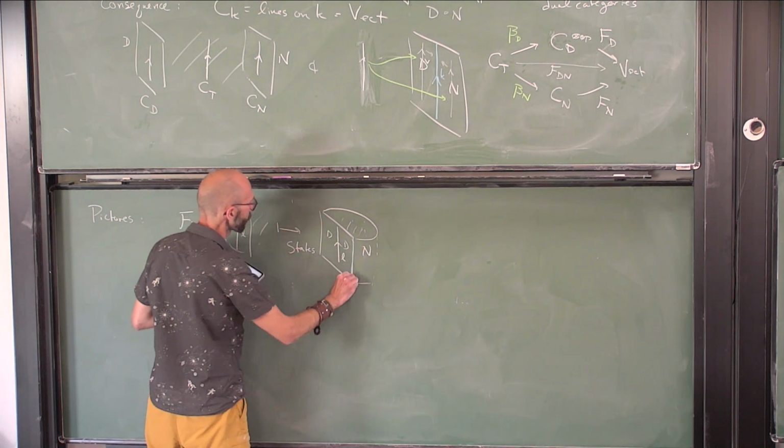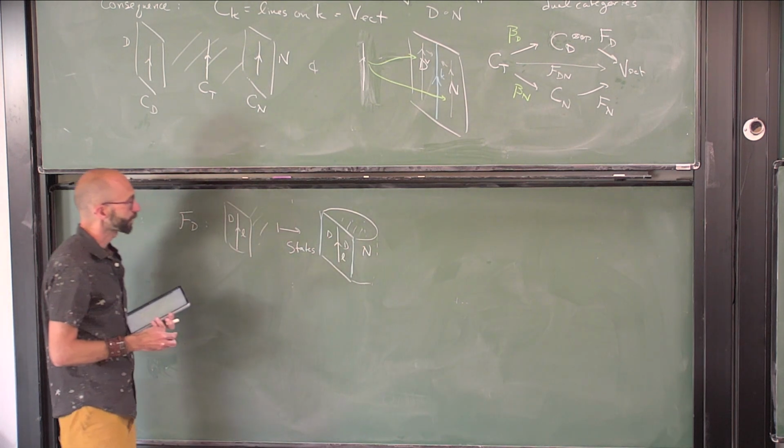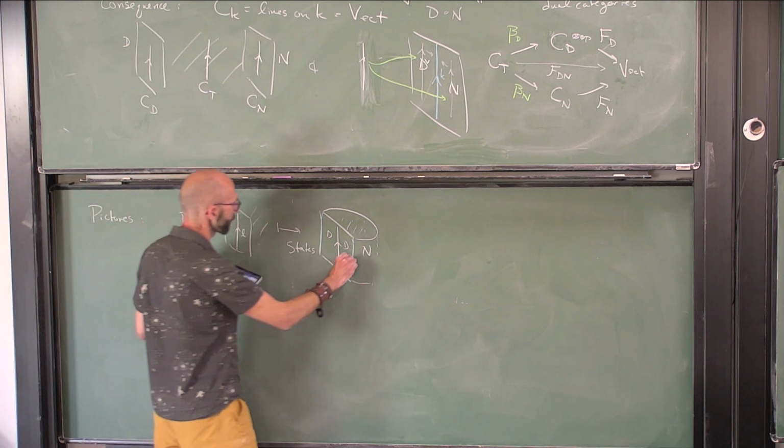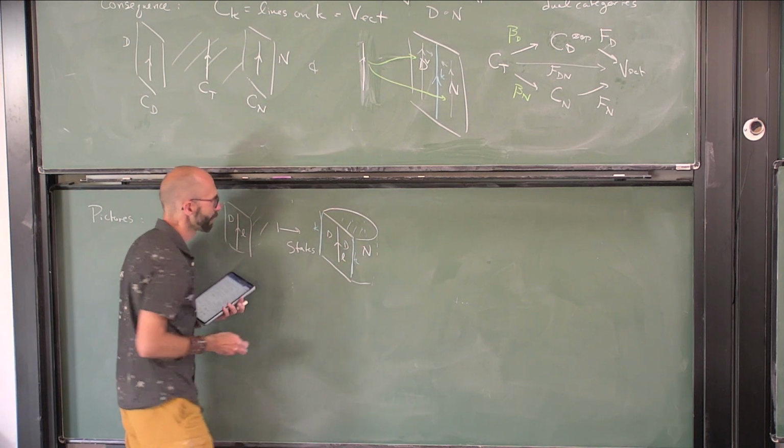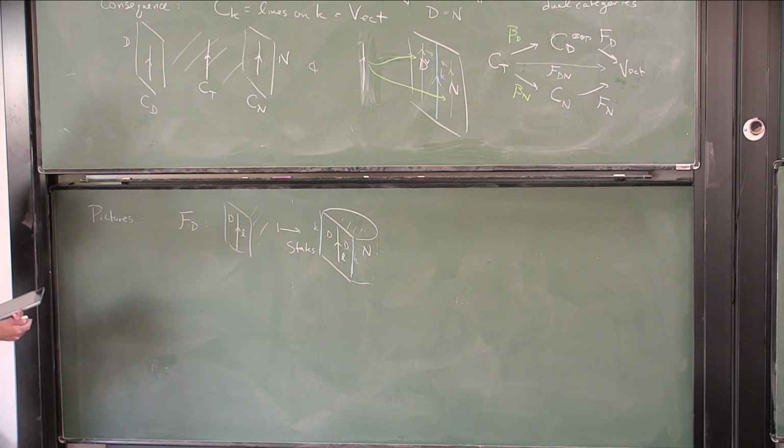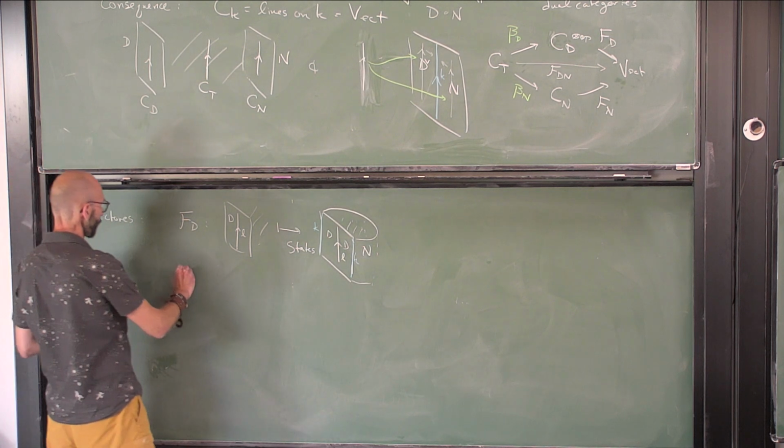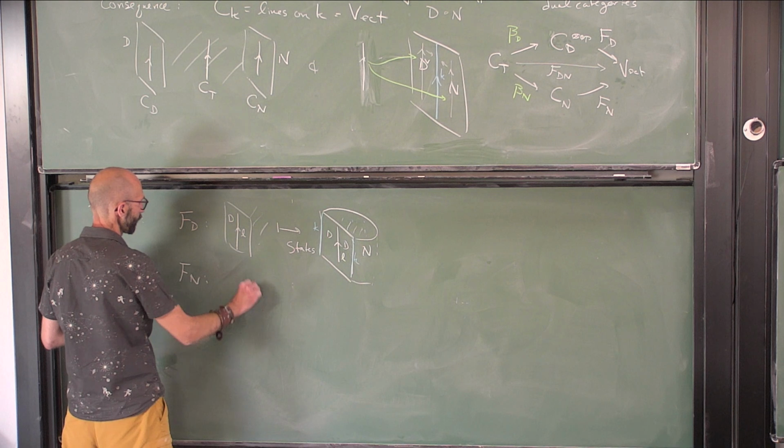And on these interfaces goes the transversality thing. And there's an Fn that looks the same.